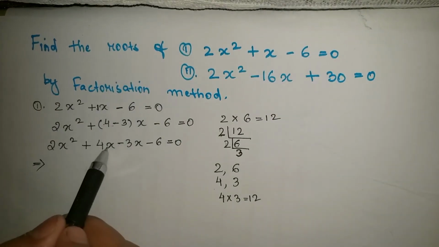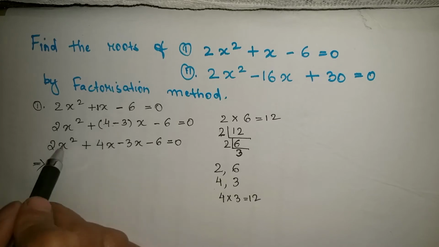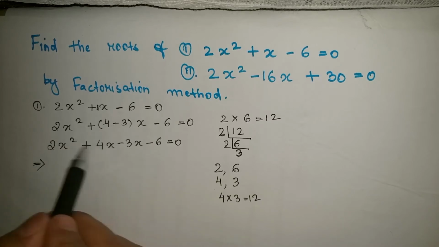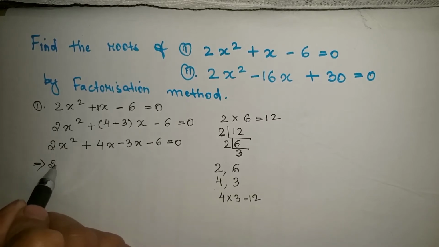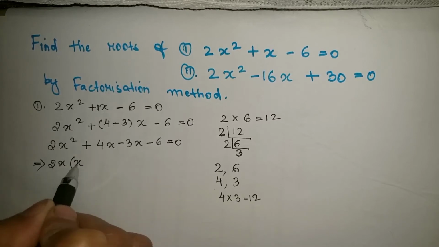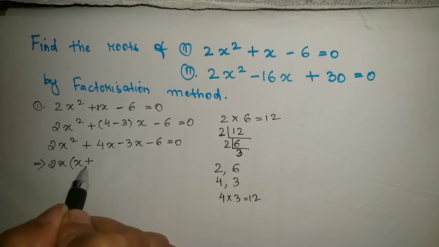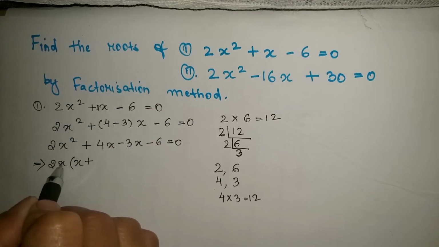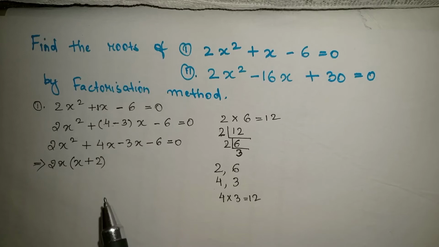Let me take a common term from these two terms. If I take 2x in common, then from here I have x. And from here I have 2x I take outside, so I have 2.